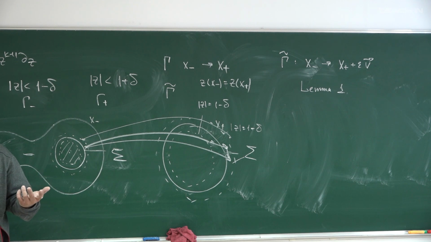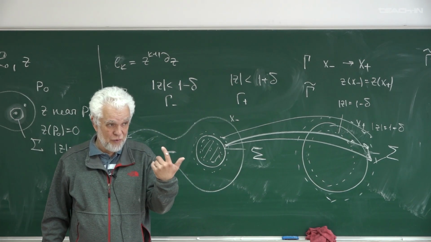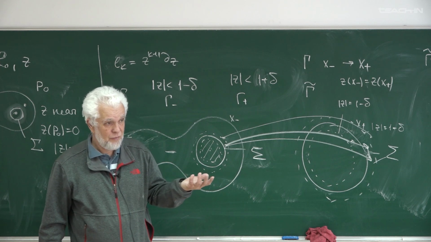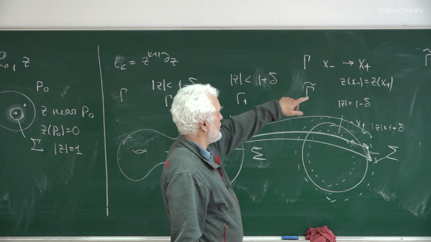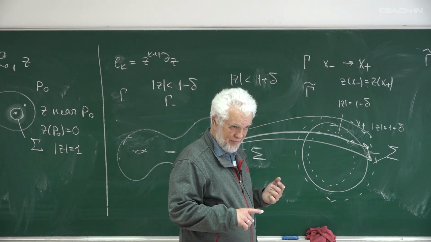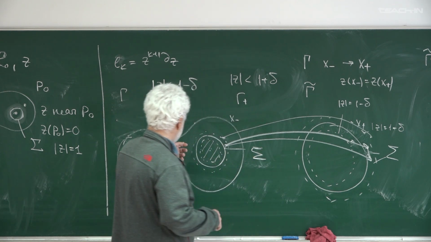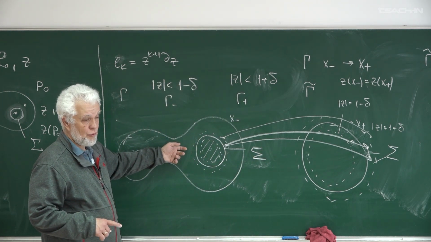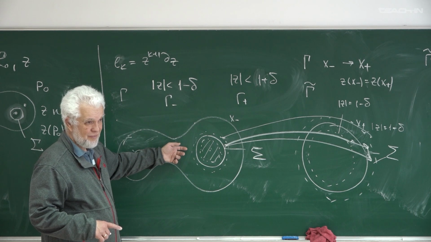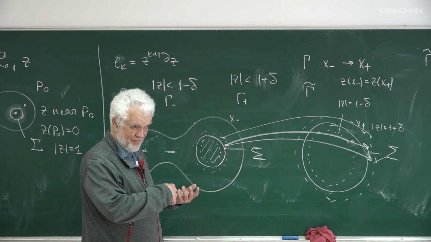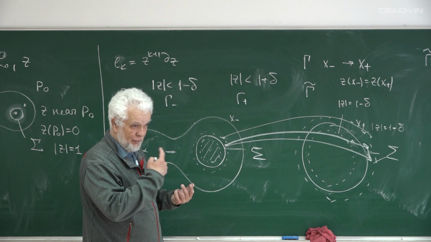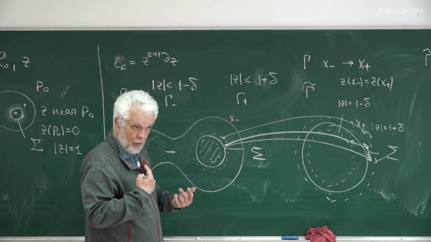In fact, on gamma tilde, we have some discontinuous system of coordinates. We can introduce a system of coordinates which has some discontinuity. Why not? Because we map a function from gamma tilde to gamma. If a point is inside this area, we map it to gamma minus. If it's here, we map it to gamma plus. But this coordinate system has discontinuity on the contour.